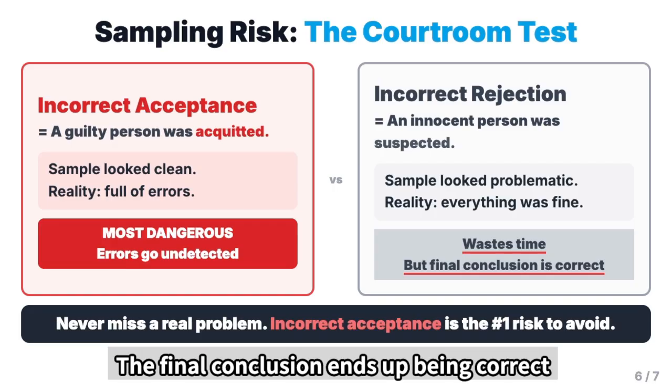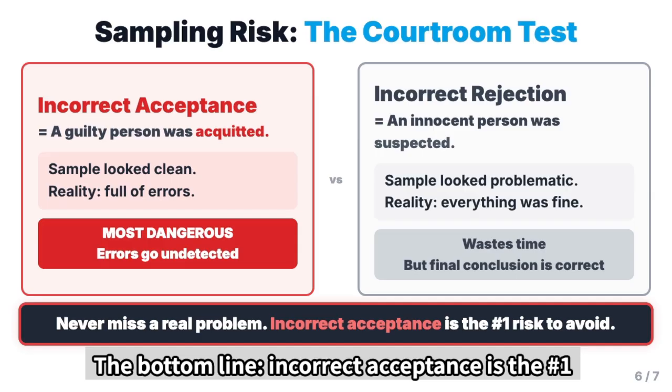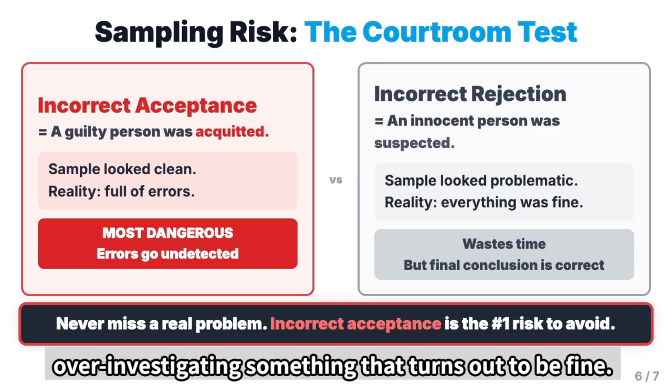The final conclusion ends up being correct, so it's more tolerable than incorrect acceptance. The bottom line: incorrect acceptance is the number one risk to avoid. Missing real errors is far more dangerous than over-investigating something that turns out to be fine.